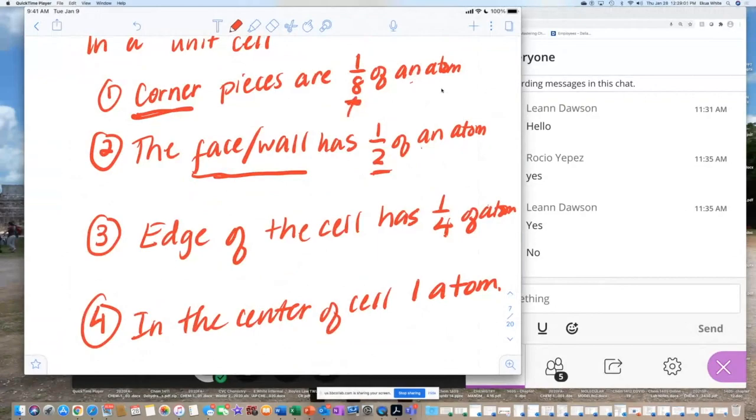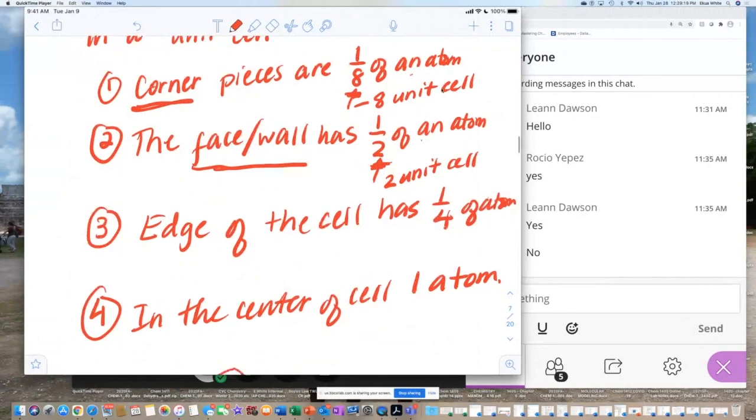So this one atom was shared between 8 unit cells, so each unit cell got 1/8. This one here was shared, one atom shared between 2 unit cells. So each one got 1/2, right?